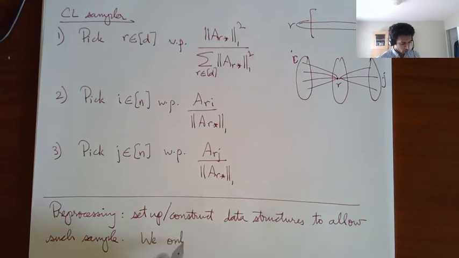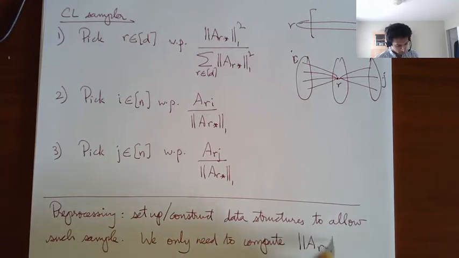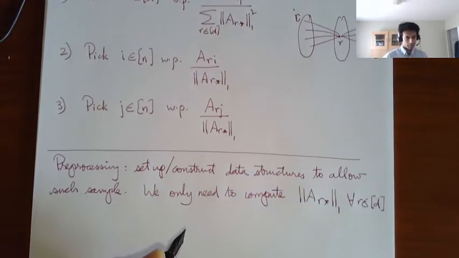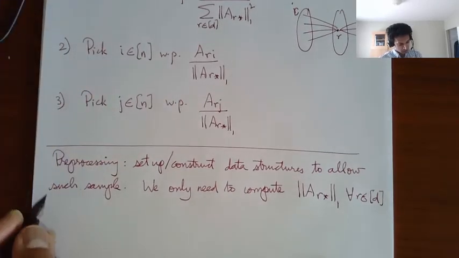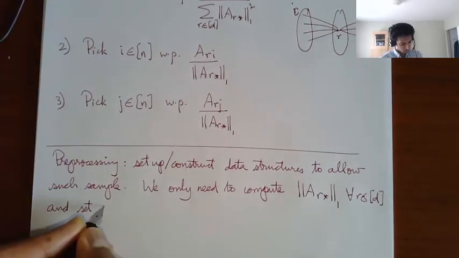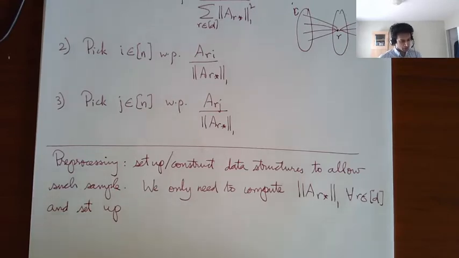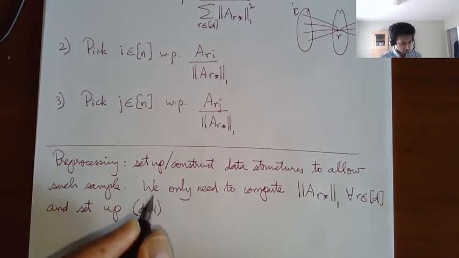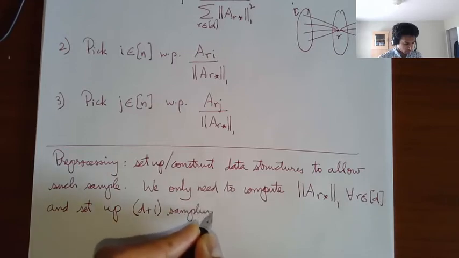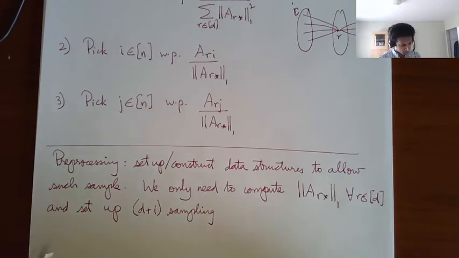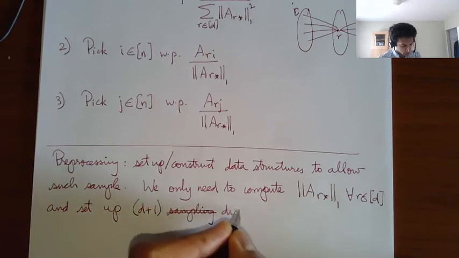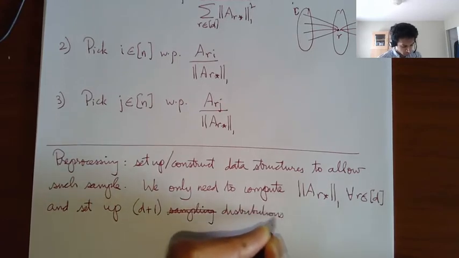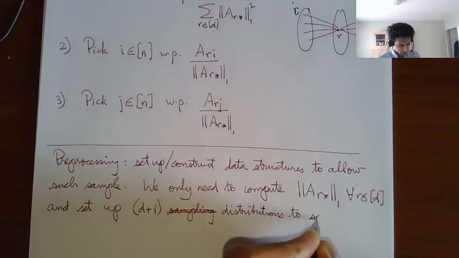We only need to compute these row sums, so one has to compute this for all r in d. This is linear time, and then we set up essentially d plus 1 distributions to sample from.